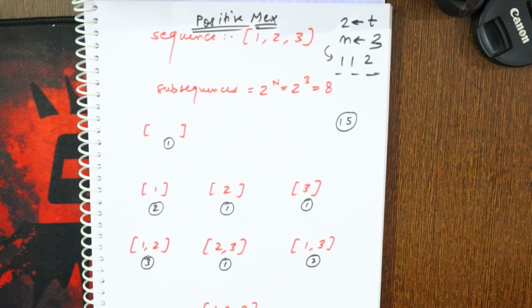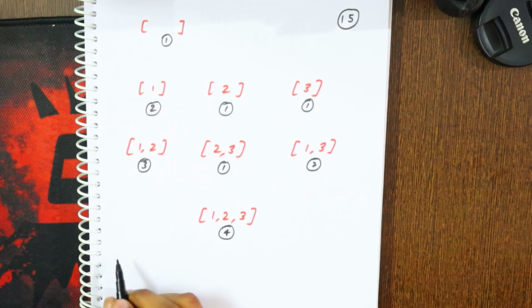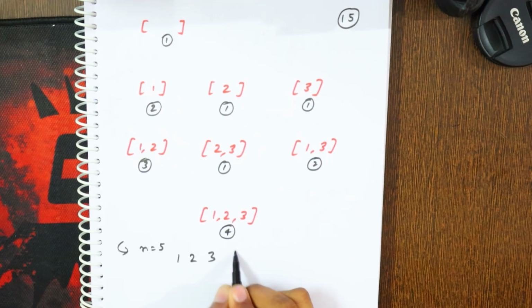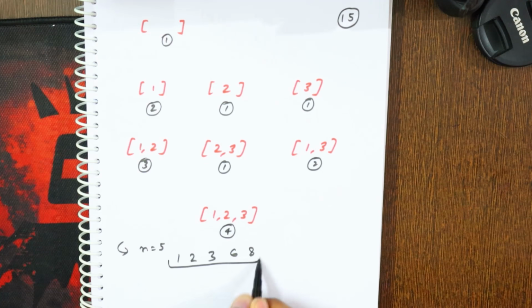explain what MEX is. MEX is a function. Let's take any number, suppose N equal to 5, and let's take 1, 2, 3, 6, 8. I take any random 5 values. So what is the MEX for this?